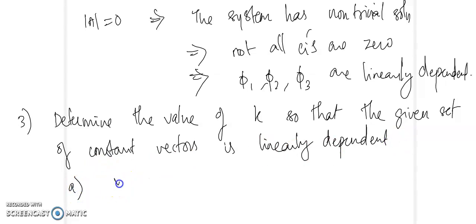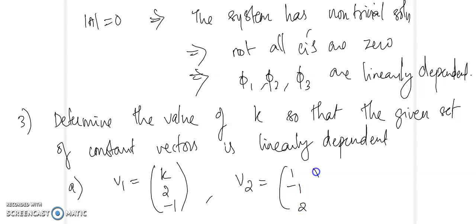So you are given the constant vectors V1 is k, 2, minus 1, V2 is 1, minus 1, 2 and V3 is 3, 7, minus 8. So we have constant vectors given. You need to find out k such that the vectors are linearly dependent.